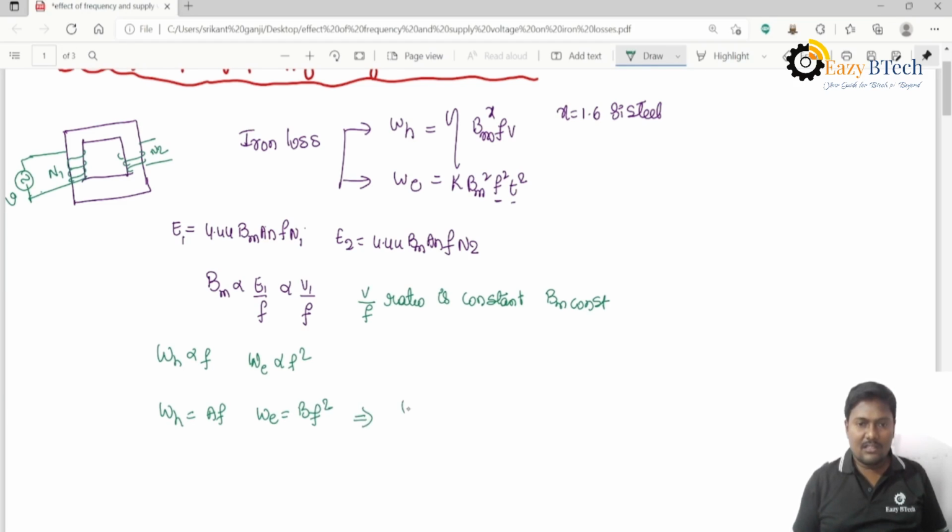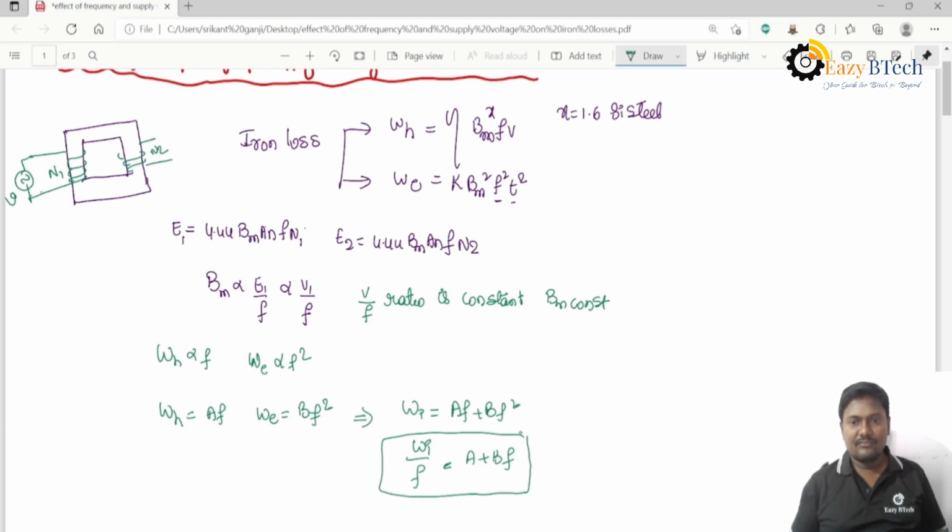The total iron loss is the summation of hysteresis loss and eddy current loss, A f plus B f², and iron loss divided by f is equal to A plus B f. If you draw the curve of Wi by f versus frequency, at frequency value 0, Wi by f is equal to A, so it is a constant.